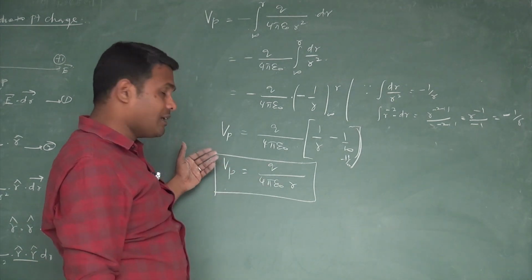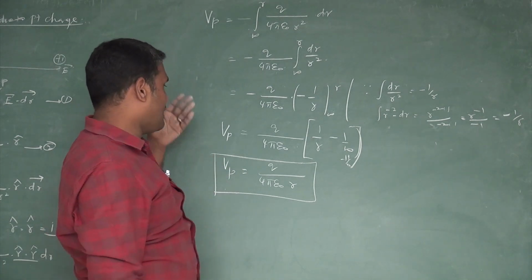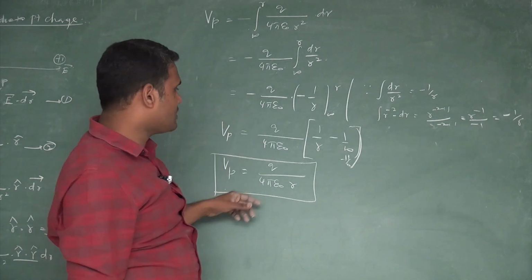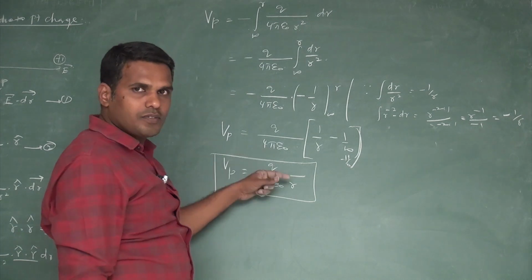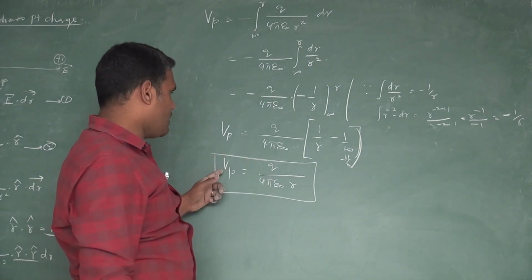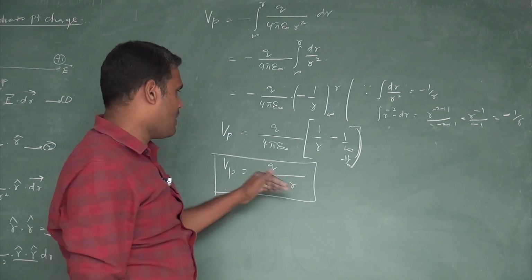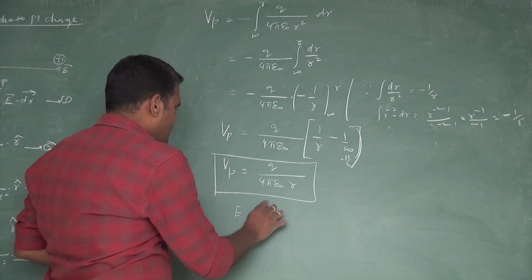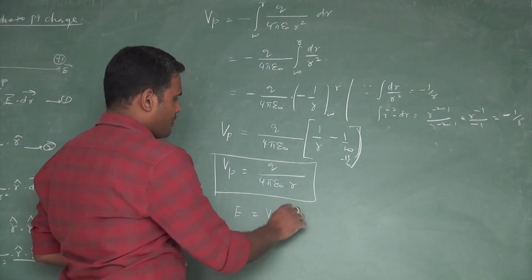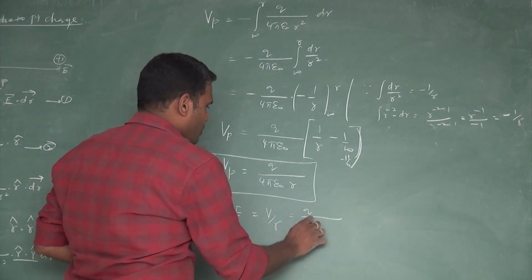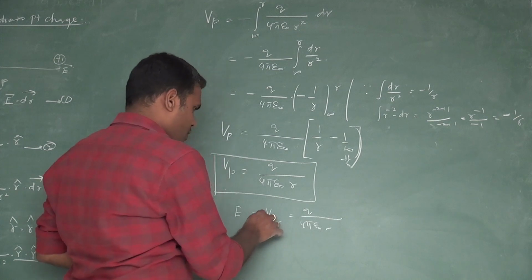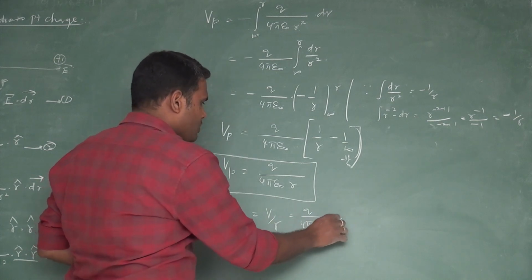When you compare electric field and electric potential, electric field at any point due to a point charge is q by 4 pi epsilon naught r square. Potential at any point is q by 4 pi epsilon naught r. As you know very well, E equals V divided by r. So if you write q by 4 pi epsilon naught r for V and r is there, this becomes r square.